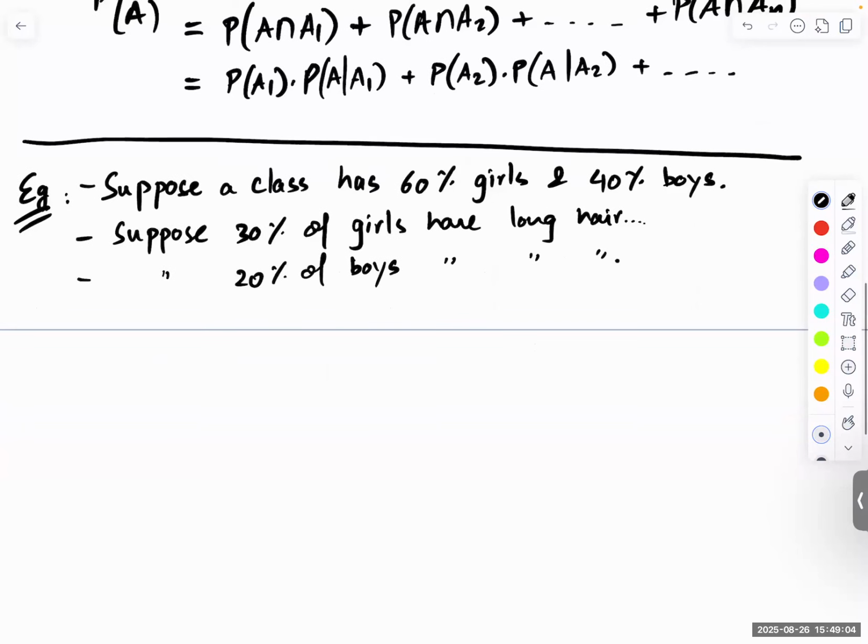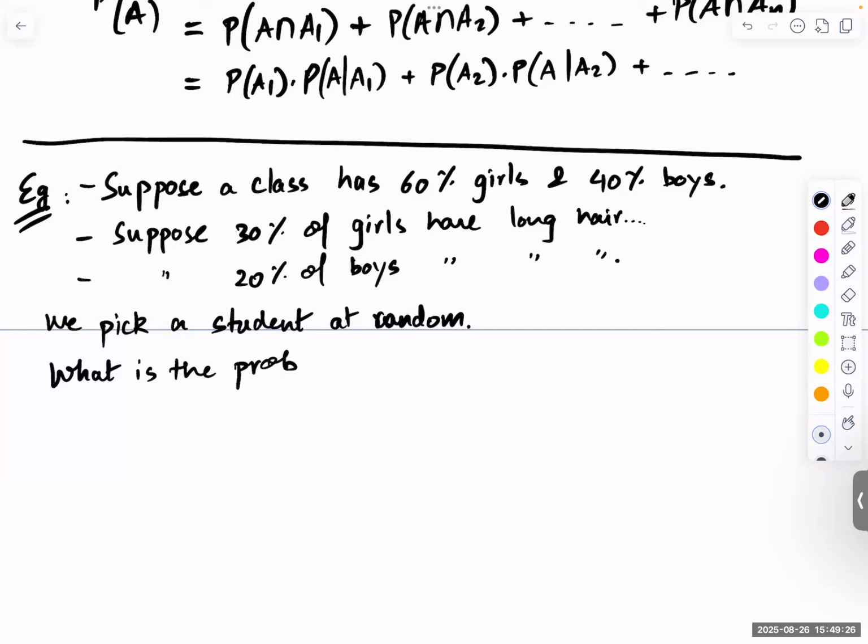Now, here is the experiment. So this is the setup. And then what we do, we pick a student at random, and then we ask, what is the probability that the chosen student will have long hair?